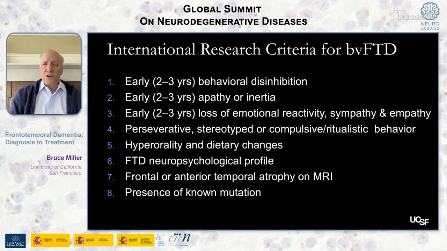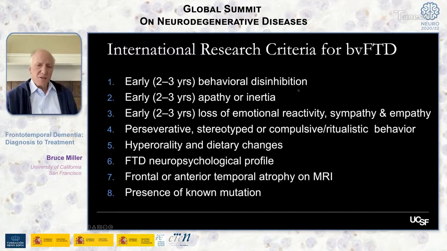Here are clinical criteria for bvFTD. A remarkable clinical criteria. You need 3 of the first 6 clinical symptoms to have possible bvFTD. All psychiatric: disinhibition, apathy, loss of empathy, perseverative, stereotyped or compulsive behaviors, overeating, and executive loss with visuospatial sparing.